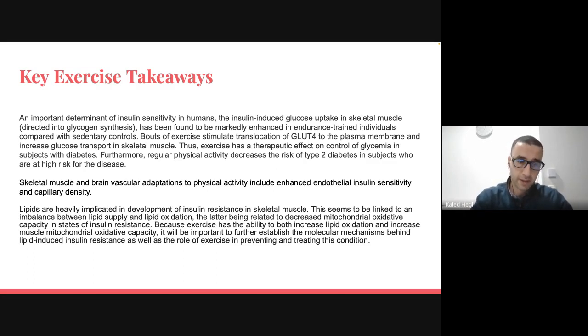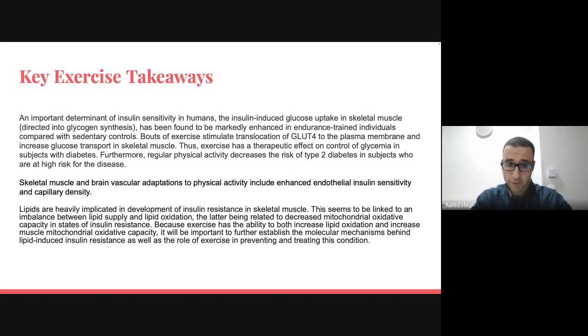There's an extra effect in exercise, and this relates to the insulin vasodilator and vasomodulatory effects. There is vascular adaptation that happens with physical exercise, more blood flow and more endothelial insulin sensitivity, which was not often accounted for. Another aspect that I think can be forgotten is that lipids in the muscle cell have a huge role.